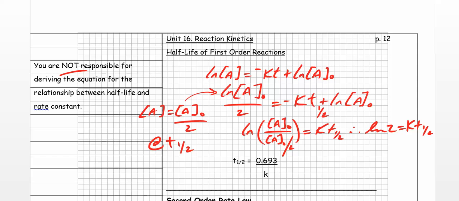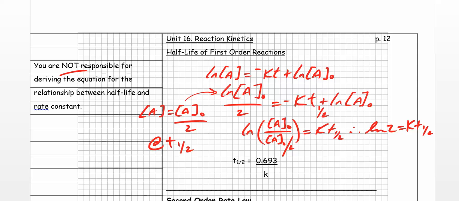In fact, we're going to make a couple. We're going to say that at the half-life, at t1/2, the concentration that's present, in other words, A with brackets around it, is equal to the initial concentration divided by 2. That's what half-life means. That's the definition of half-life. So we can make that substitution.